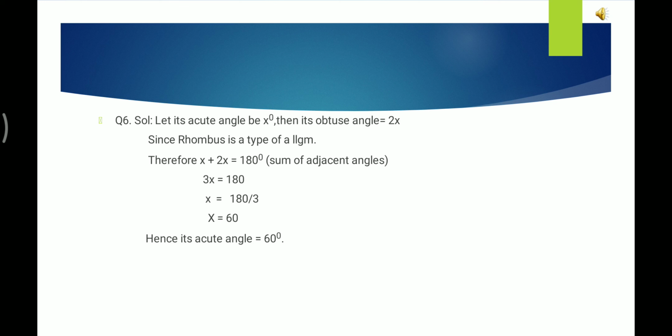As we know, the sum of two adjacent angles of a parallelogram is equal to 180 degrees. So x plus 2x will be 3x is equal to 180 degrees. That implies x is equal to 180 divided by 3. That implies x is equal to 60 degrees. Hence its acute angle is equal to 60 degrees.